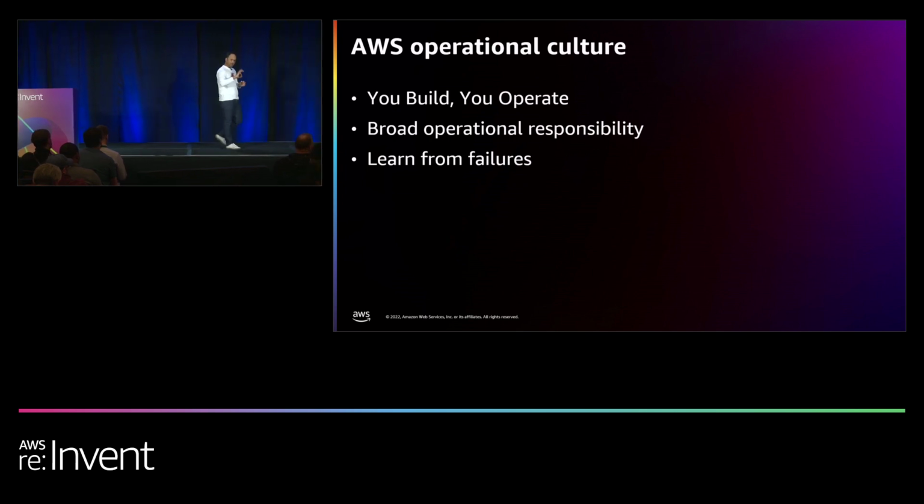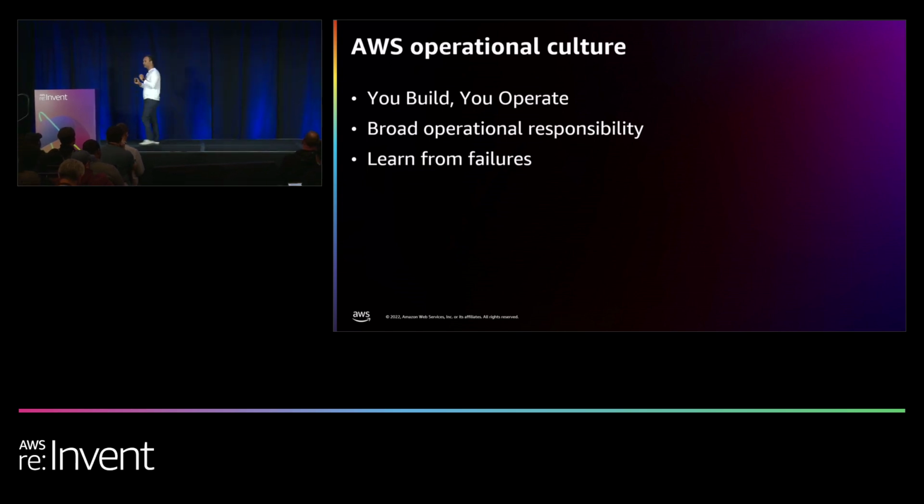And everybody in the team has some sort of operational responsibility. Remember, we're not very prescriptive on what a two-pizza team is. A two-pizza team might be just made of engineers. It could be made of product manager and engineering manager and engineers, right? But we make sure that everybody in the two-pizza team has operational responsibility.